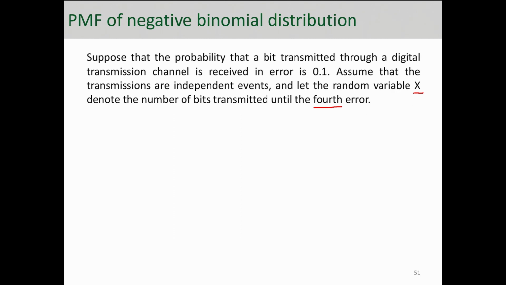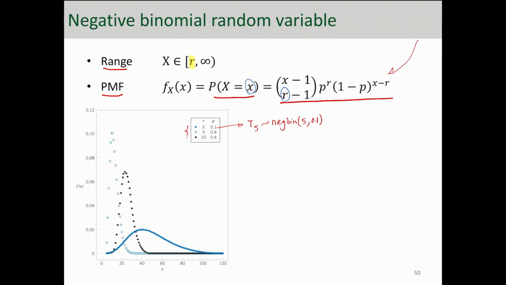So the random variable that we have here is T4. And probability of success is 10%. So let's just assume that we want to calculate probability of T4 equals to 10, right? So here 4 is the r and 10 is the little x in the formula here, x and r.